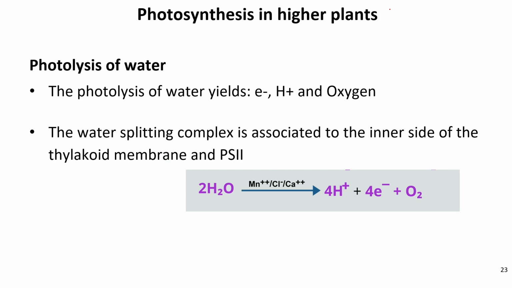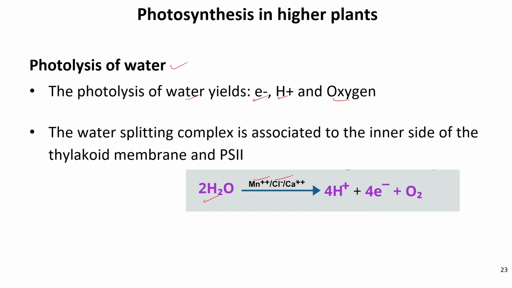Now, the next topic is the photolysis of water, meaning breakdown of water. Photolysis of water yields electrons, protons and oxygen. Here you can see the water molecule. And what ions are responsible?